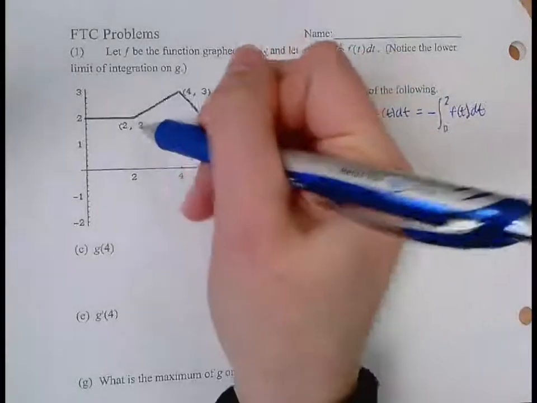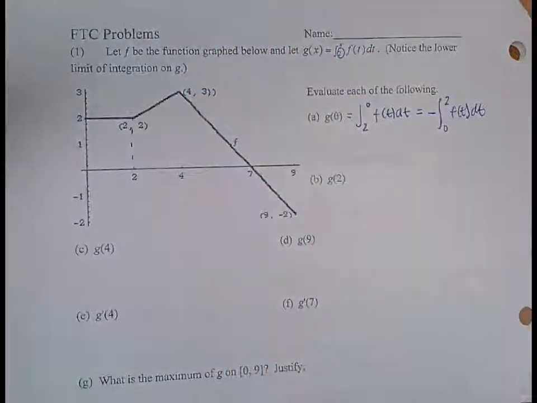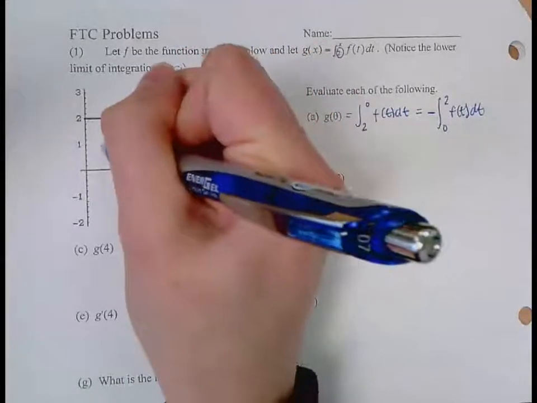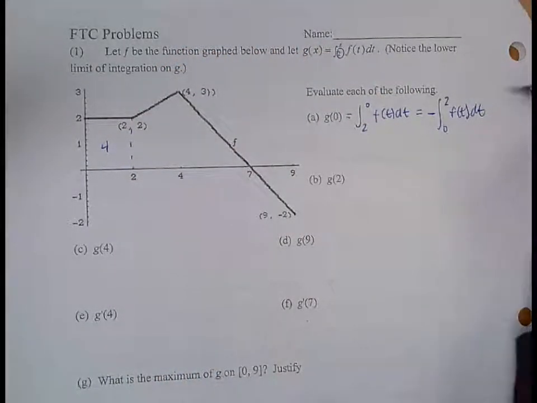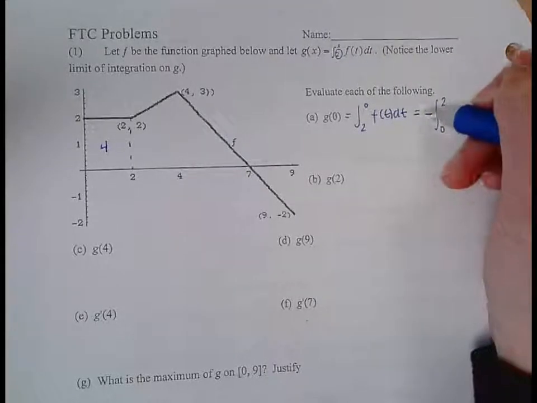So you would still find the area from 0 to 2, which is 4, for that rectangle, or actually that's a square there, but it would then be negative 4.